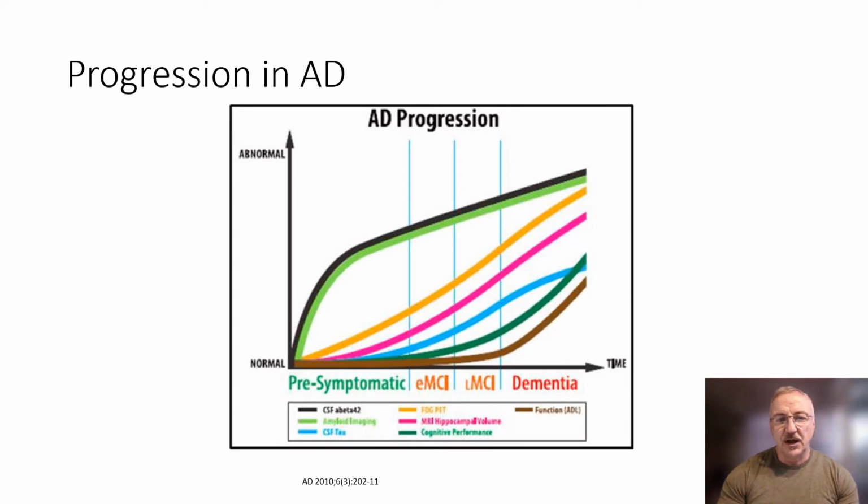Now, there are other variations on this same model. So here we have pre-symptomatic, early mild cognitive impairment, late mild cognitive impairment and dementia. And people have also put in here the CSF amyloid beta 42 protein and how that might change.